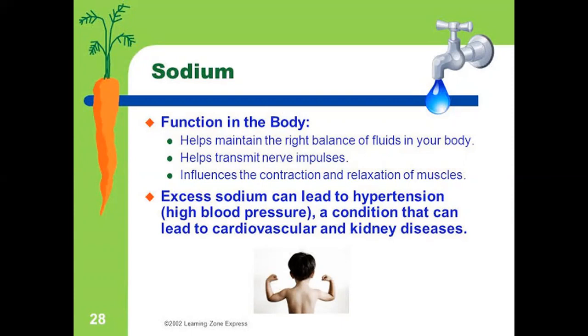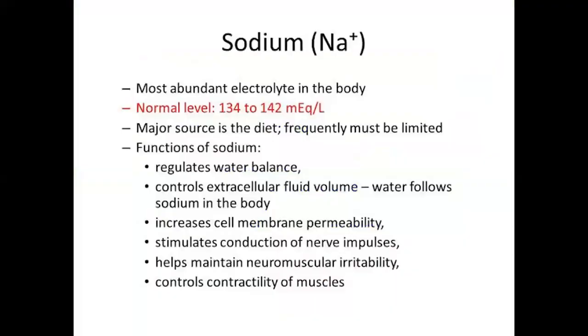Absorption takes place in the gastrointestinal tract. It is the abundant electrolyte in the body, and the normal level is 134 to 142 equivalents per liter. The source is diet, and sometimes limitation is most essential for proper blood pressure.